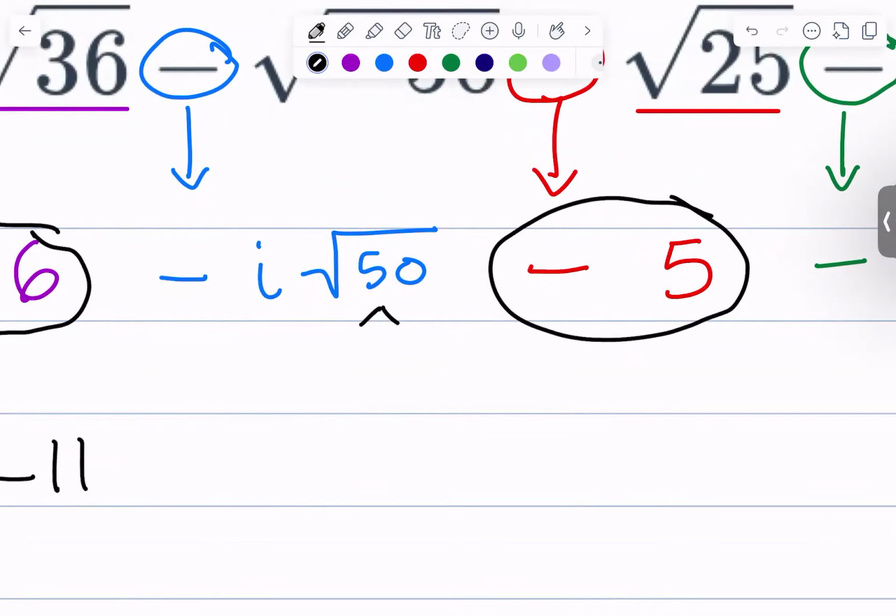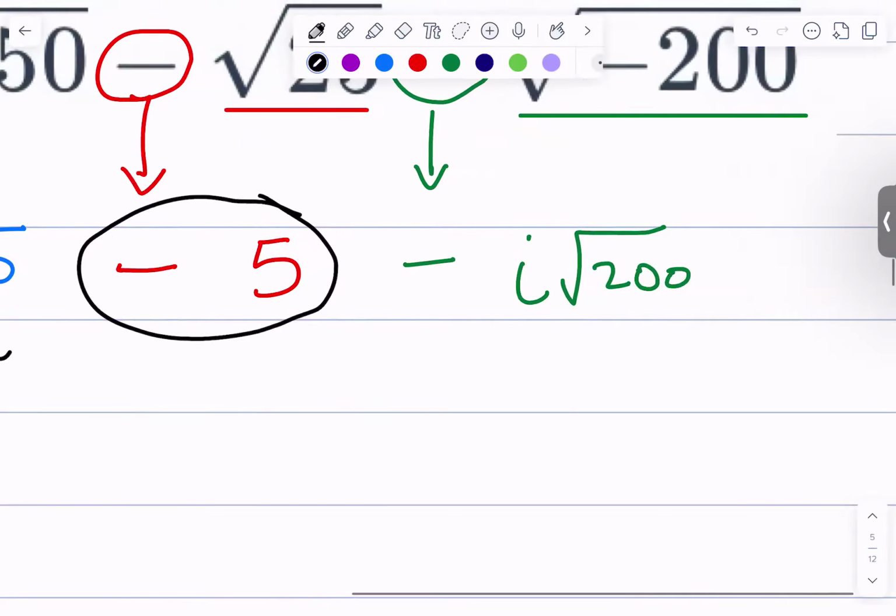What perfect square goes into 50? 25, right? 25 times 2. So does everyone understand if I put negative 5i square root of 2 as my simplification? Yeah. Okay.